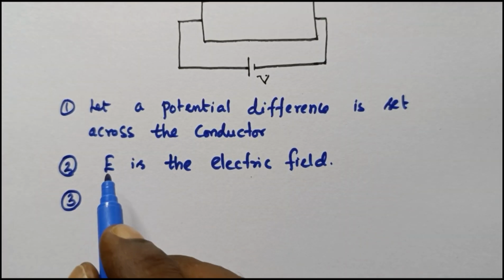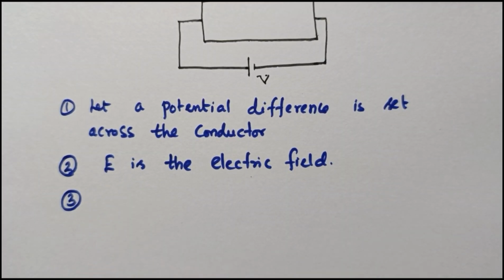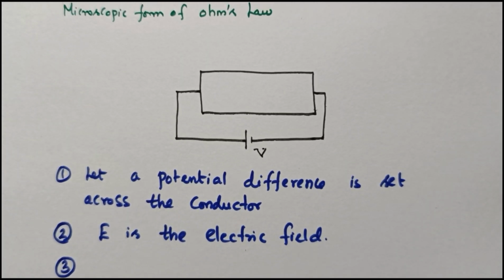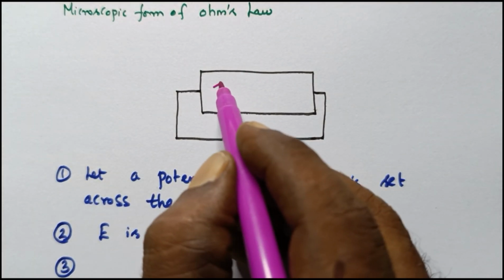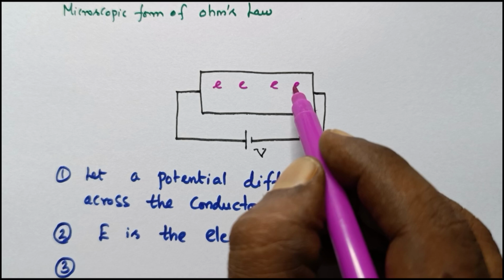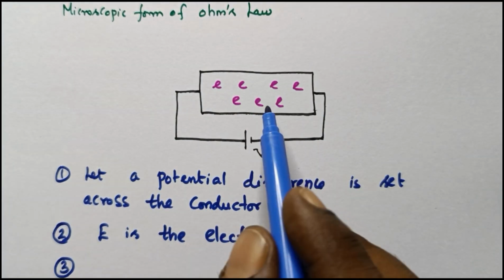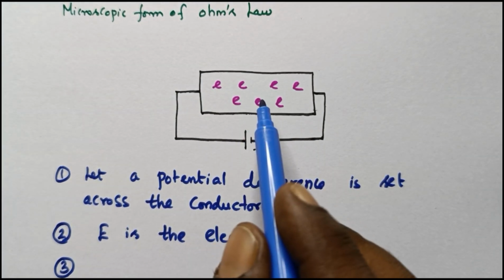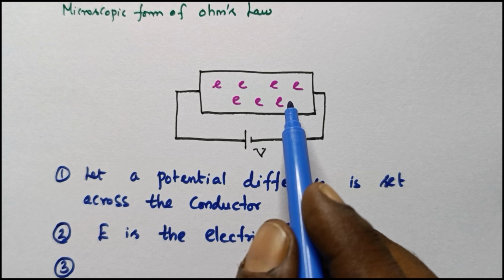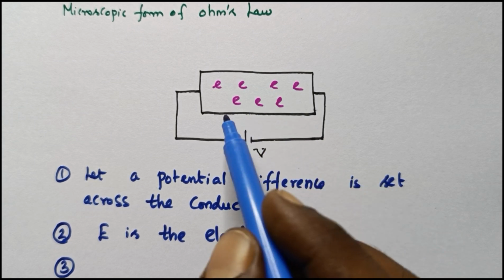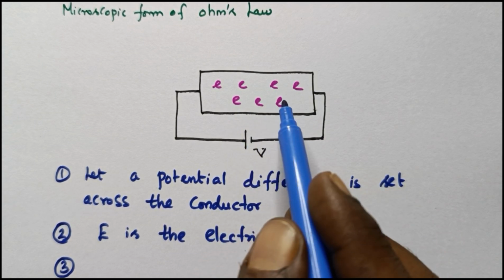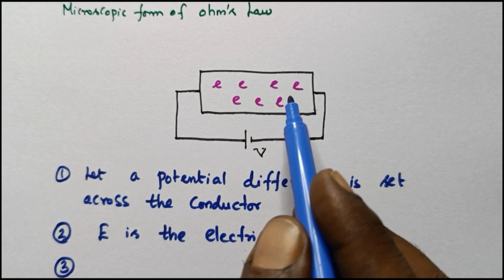This electric field applies an electrical force on the free electrons of the conductor. So in the conductor la free electrons இருக்குது. There are a large number of free electrons. Because of the electric field there is an electrical force on the free electrons. So இந்த electric field நால இந்த free electrons மேல ஒரு electrical force வந்து apply ஆகுது.